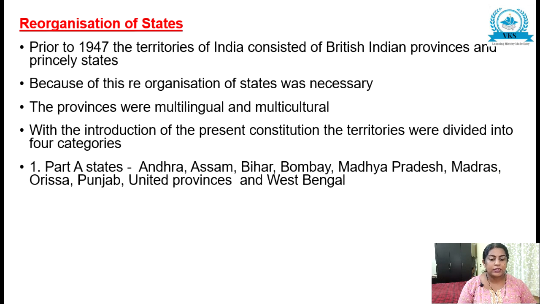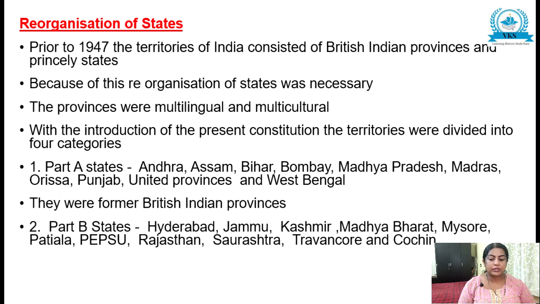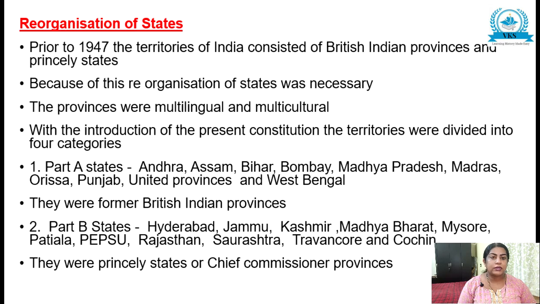Part A states: Andhra, Assam, Bihar, Bombay, Madhya Pradesh, Madras, Orissa, Punjab, United Province and West Bengal. They were former British Indian provinces. Part B states: Hyderabad, Jammu, Kashmir, Madhya Bharat, Mysore, Patiala, PEPSU, Rajasthan, Saurashtra, Travancore and Cochin. They were princely states or chief commissioners' provinces.